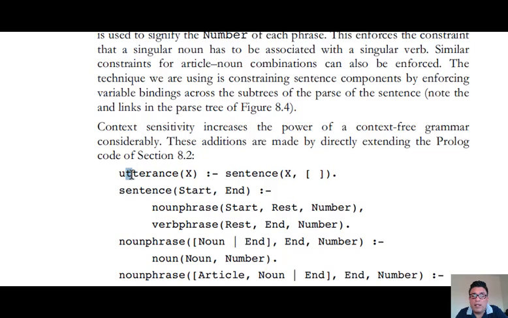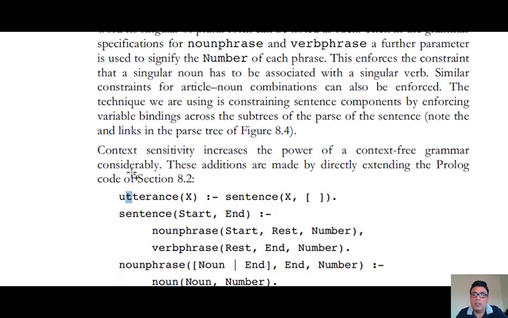So in this case, this context-sensitive grammar will look into combinations in which we're going to have an associated singular noun with a singular verb, and we will try to enforce subject-verb agreement.